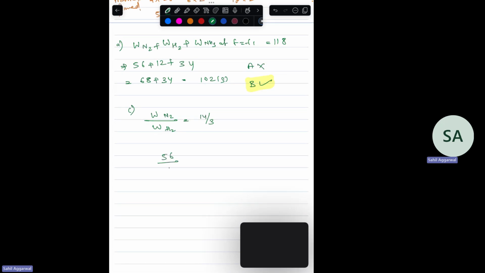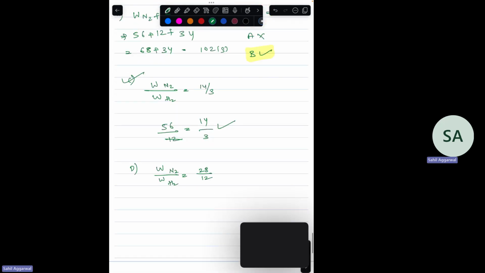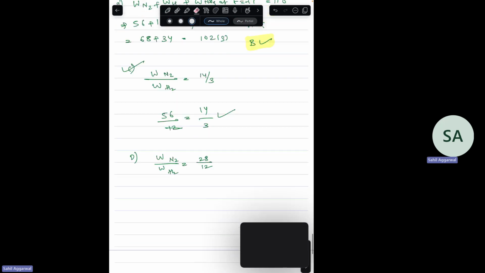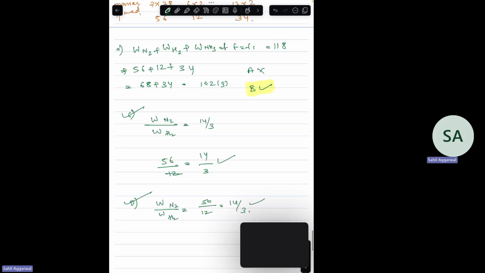N2 कितना है 56, H2 कितना है 12. ये हो जाएगा 3, ये हो जाएगा 14. यस, सी इज करेक्ट. डी है W of N2 divided by W of H2, that is 56/12. सेम ही हो गया. हाँ, तो टाइम का तो मैटर ही नहीं कर रहा ना. एनी टाइम इट विल कम आउट टू बी सेम ओनली. तो इसका भी हो जाएगा BCD.